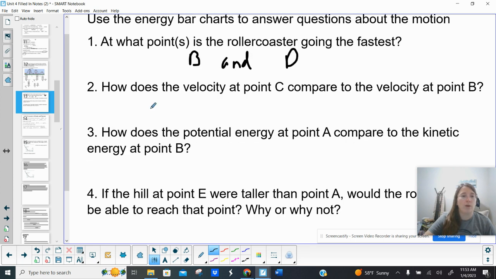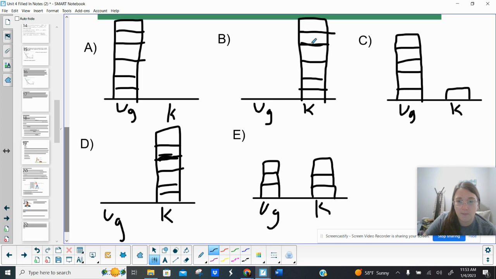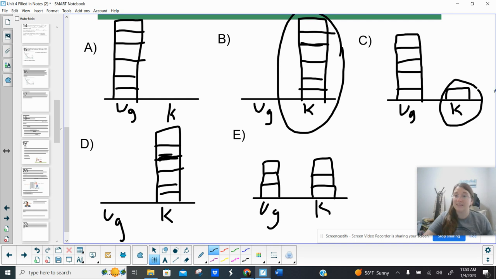So what I want you to do is answer 2, 3, and 4, thinking about the heights of the different types of energy to answer these questions. Okay, so number 2, how does the velocity at point C compare to the velocity at point B? Well, here is B compared to C. Here was my kinetic energy at B and my kinetic energy at C. Where is it going faster?